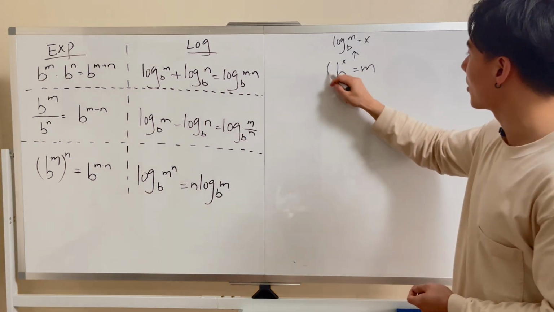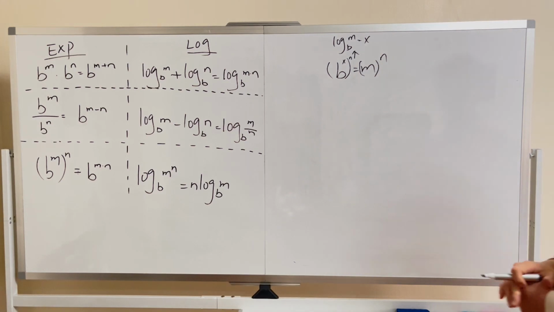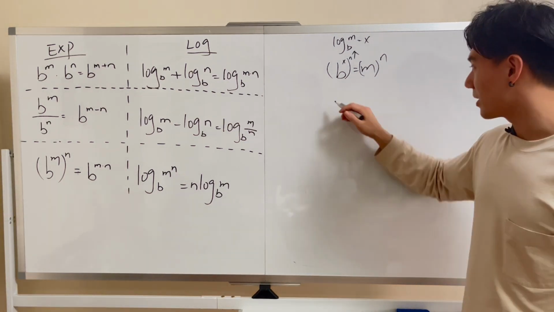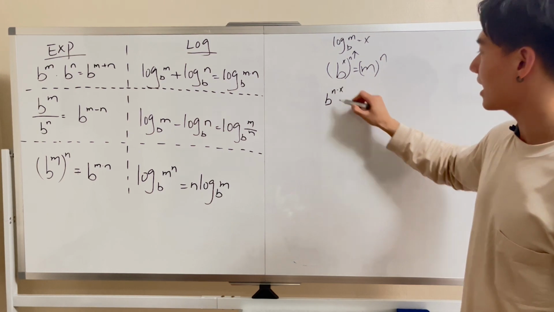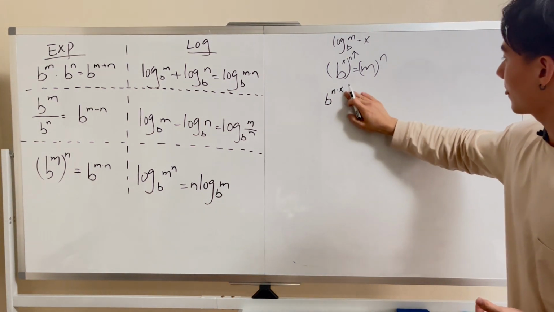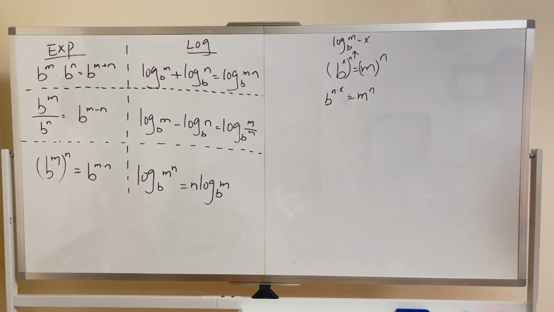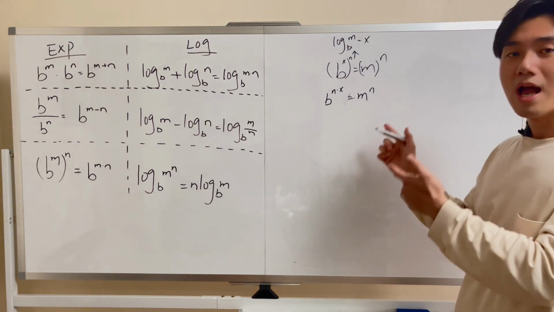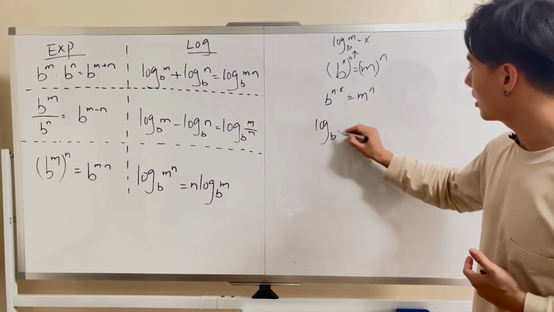Now let's raise both sides to the power of n. According to the property, this is going to be b to the n times x equals m to the nth power. And once again, I'm going to put this in log form, log base b.